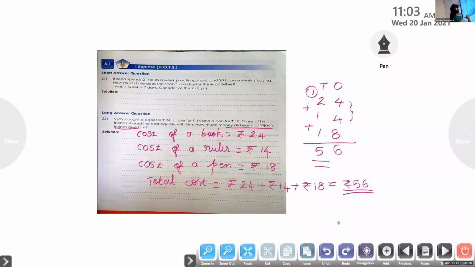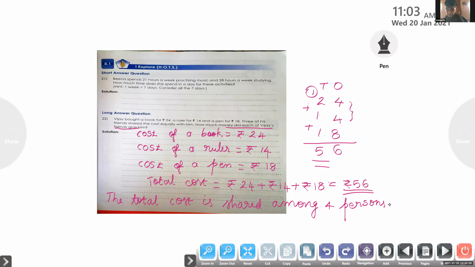So you can write this step. All of you write along with me. The total cost is shared among 4 persons. That means Vijay and his three friends.